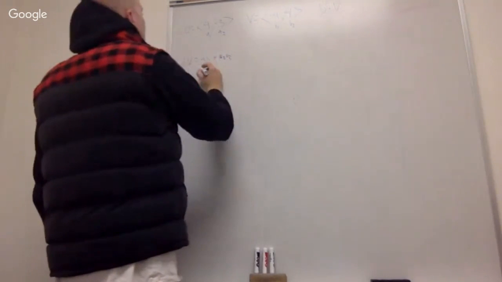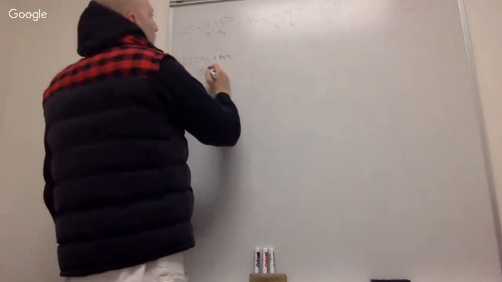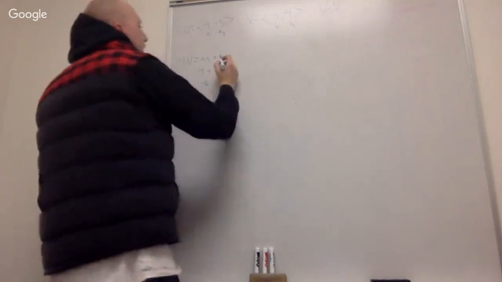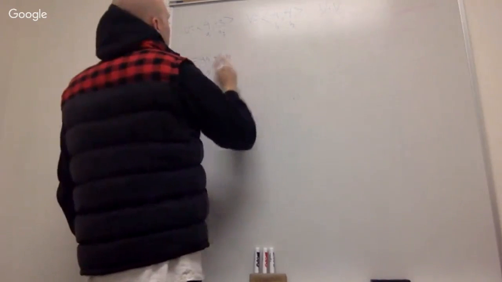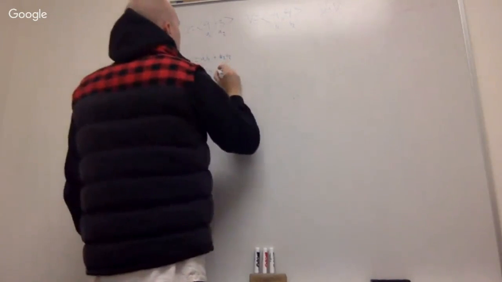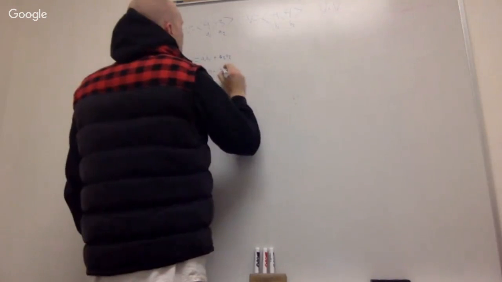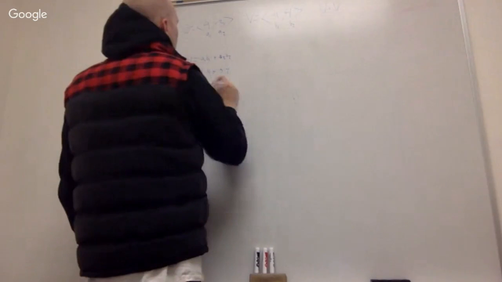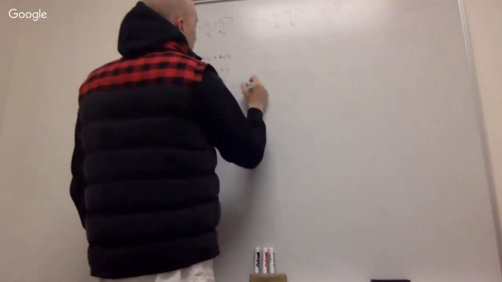So pretty much just take 4 times -4, we get -16. A2 is -3 times 4, we get -12. We add them together and you get -20.